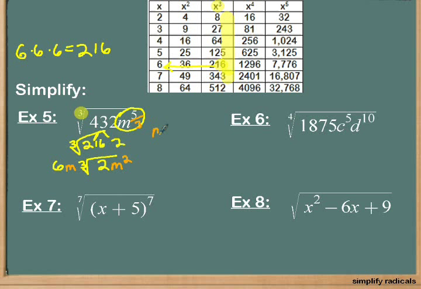For those of you not sure what that means, if I go ahead and write this 5 times, since it has an index of 3, you're taking out groupings of 3. So here's the 1 that you took out, and you have the 2 left over. And this is our final answer, 6m cube root 2m squared. Don't forget to put your index of 3 right inside that little hook.